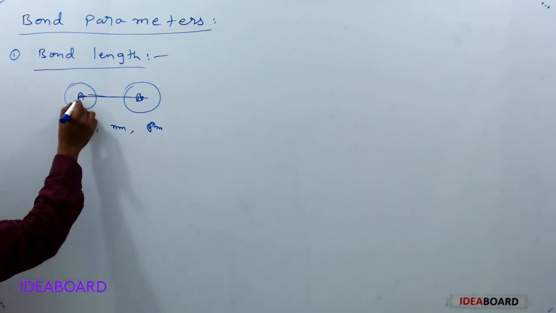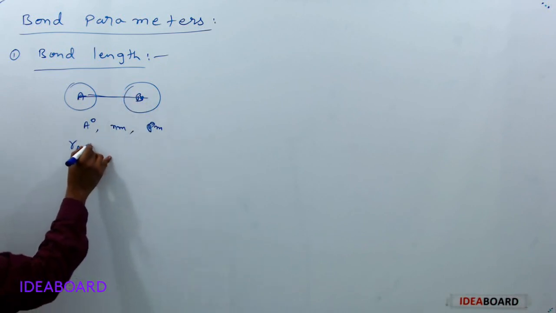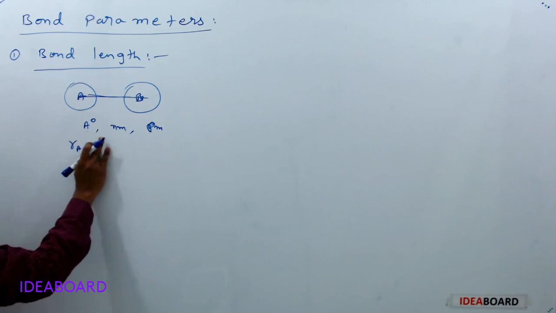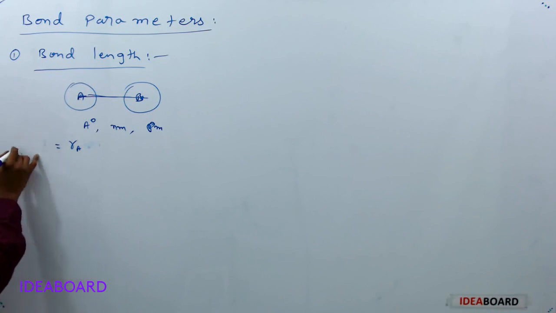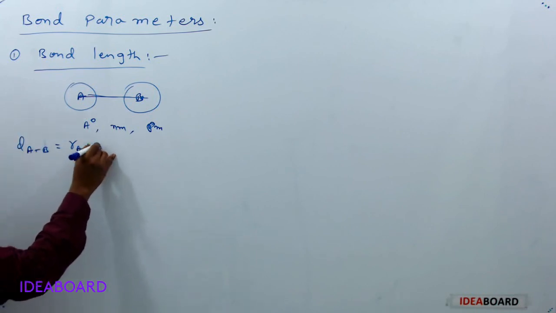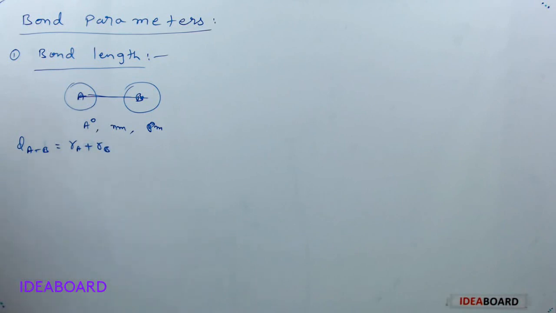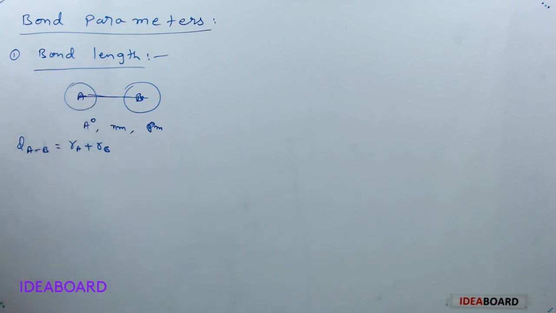Suppose the radius of atom A is Ra and the radius of atom B is Rb, then the bond length, the distance between the A-B bond, is equal to Ra plus Rb. If there is no electronegativity difference, then we can simply use this formula.